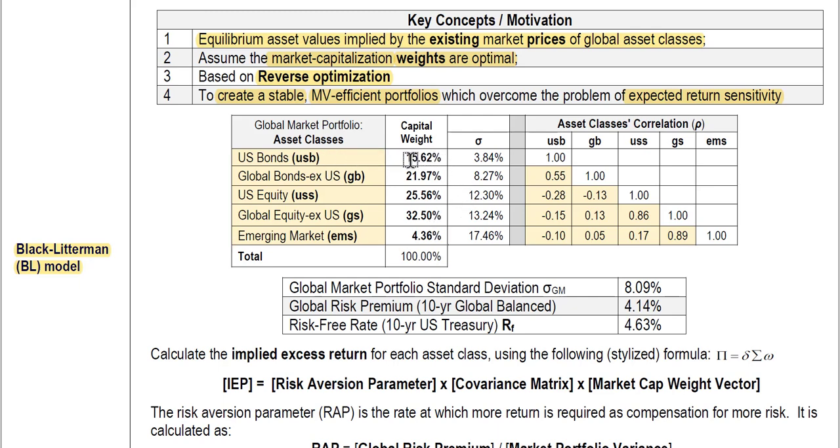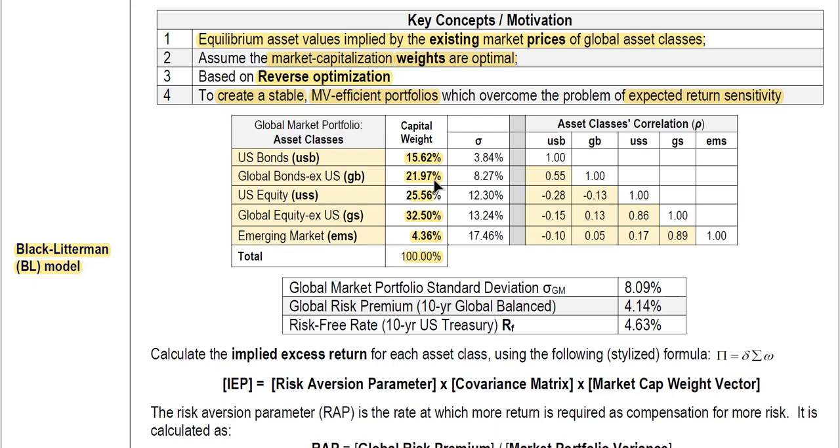Now, we can calculate the capital weight based on the capital value of each class. So we got these capital weights here, like 15.62 and 21.97, 25.9, and so on. Then our total is 100%.